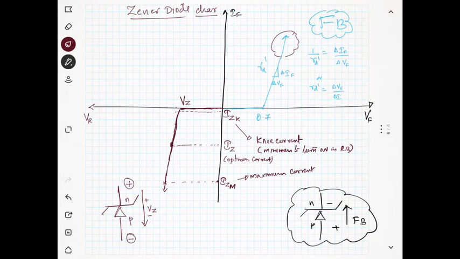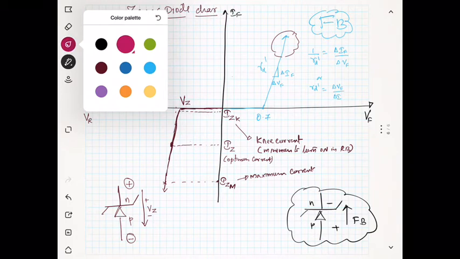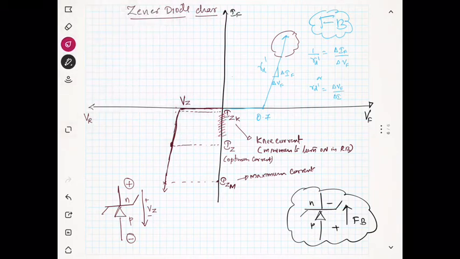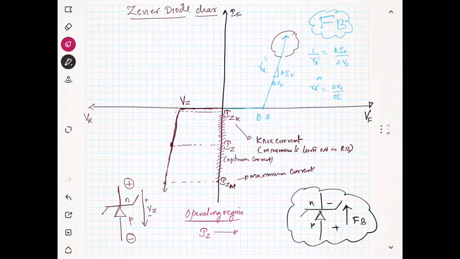The operating region for the Zener diode goes from Izk to Izm. The current Iz can go maximum to Izm, and minimum up to Izk. If it goes below Izk, the diode turns off and becomes useless.